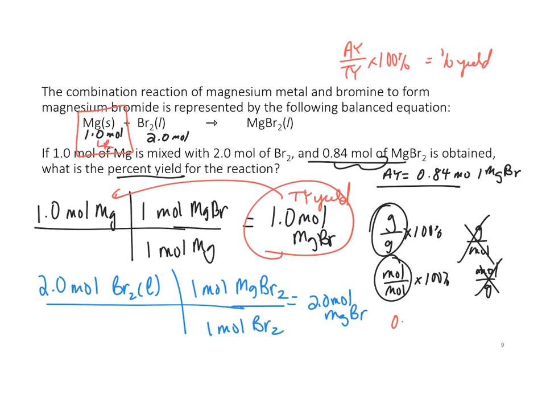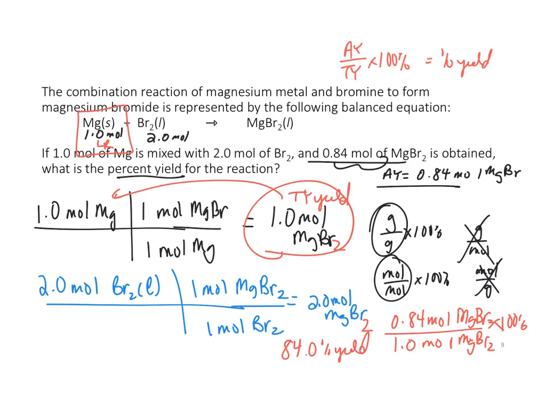So our actual is 0.84 mole of magnesium bromide, and this is over 1.0 mole of magnesium bromide that can actually be formed theoretically. 0.84 divided by 1 times 100% is 84.0% yield. And that is how you do percent yield. And that wraps up these chapter problems.